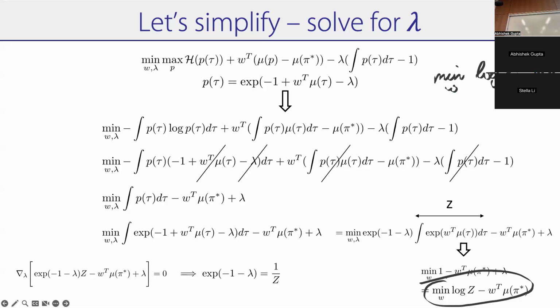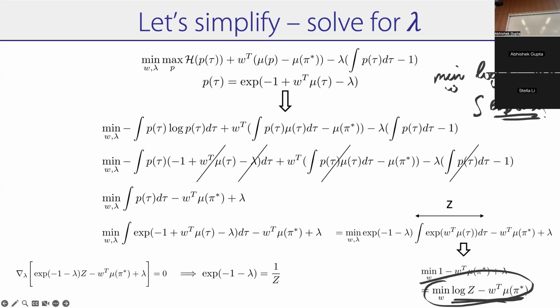Now, if you remember, z was basically the integral of x W transpose mu. So remember our objective is going to be log z minus W transpose mu. And we're going to simplify this to be something that's really nice and intuitive in the next slide.